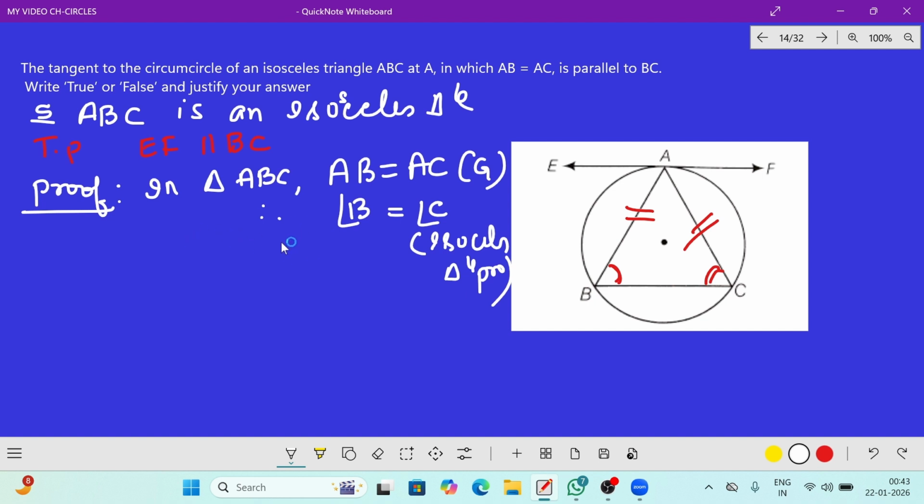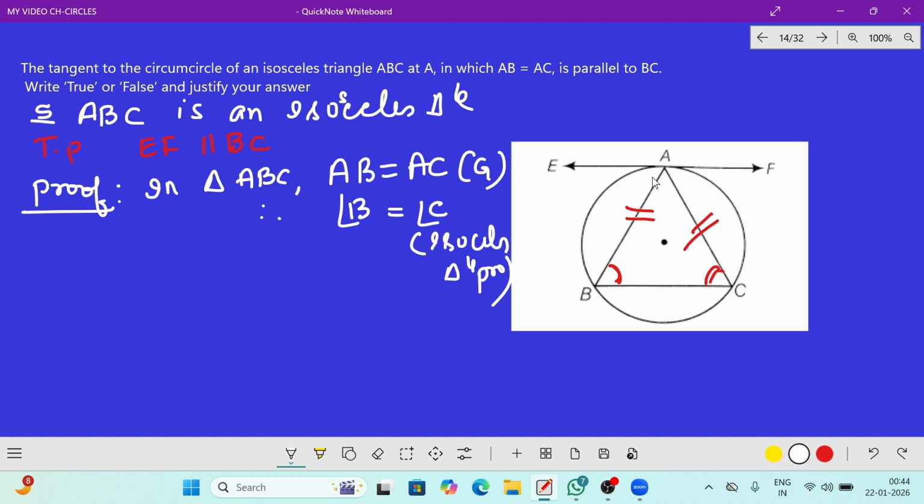Now from these two equations I can get this one. When AB is equal to AC, angle B is equal to angle C. Can you see this angle EAB? What can you say about this angle? Angle EAB is equal to angle ABC.